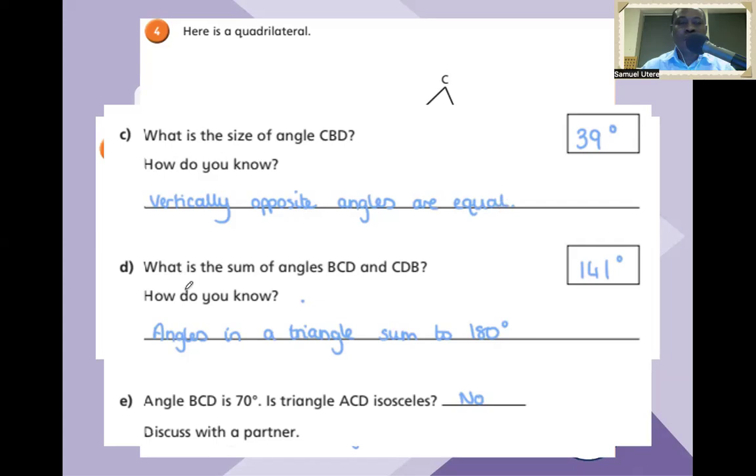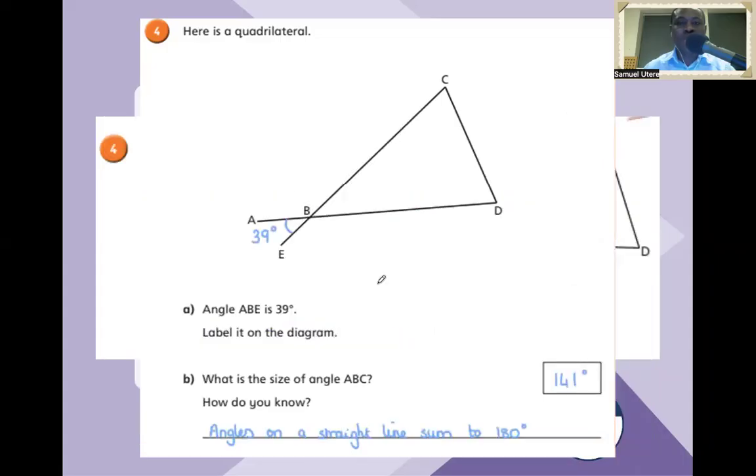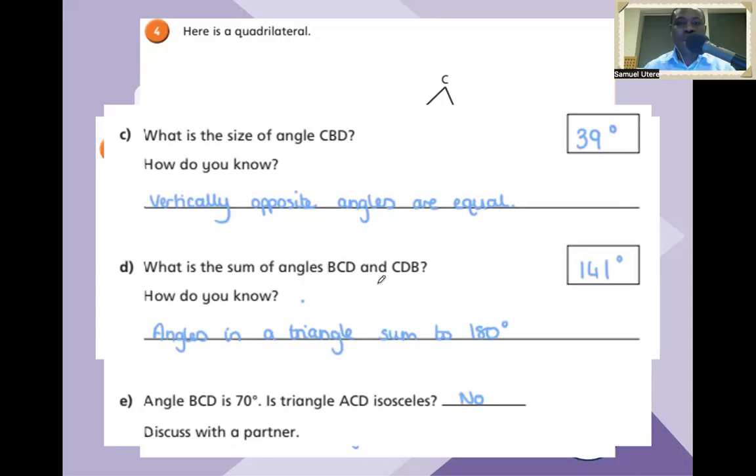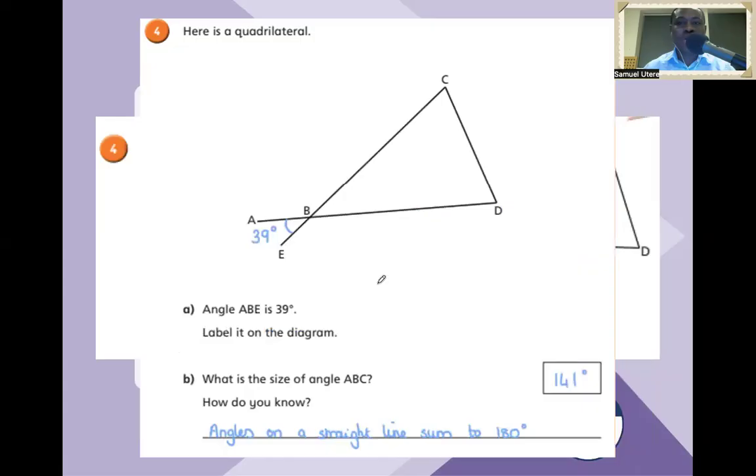For D, you were asked, what's the sum of angles BCD and CDB? Well, we know that this angle here is 39 degrees, because it's vertically opposite to this angle.